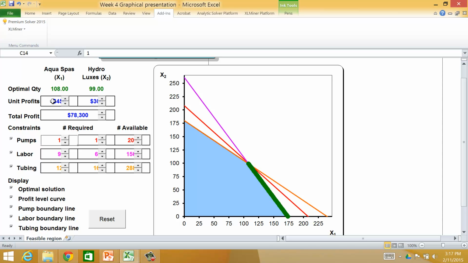Say, now it's 450. If we change it to 449, the solution becomes this top point, right? Or if we change it to be 451, solution becomes this bottom point.